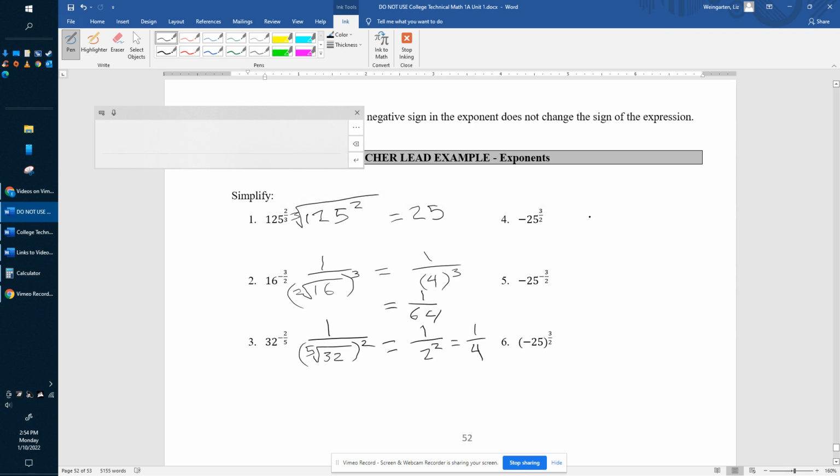So look at these trickier guys. So this negative is on the outside. So this answer is going to be negative. We're not taking the root of a negative number. We are just saying it's negative whatever the square root of 25 cubed is. I'm going to take the square root of 25 and then cube it.